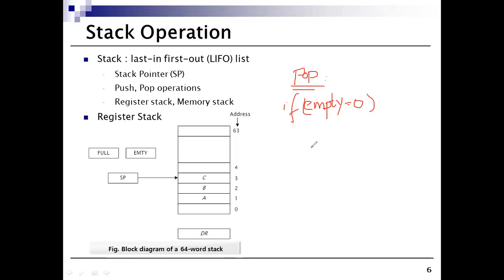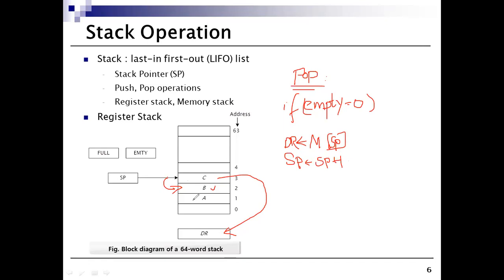So the SP-pointed contents are transferred to the data register, and then you decrement the stack pointer. Let us suppose C contents are transferred to DR and then the stack pointer is decremented by 1 to point to this element.